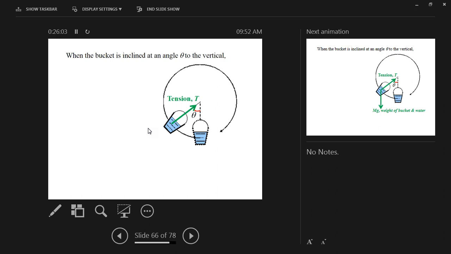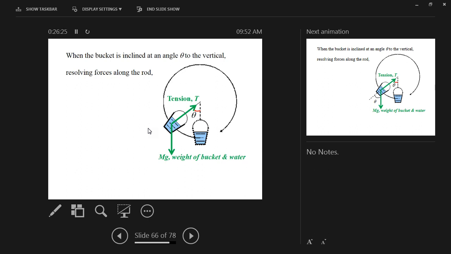Then, first step to do, draw the free body diagram. Forces acting on the bucket of water will be the tension, as well as the weight of the bucket and the water. Then we need to resolve forces. But here, we are not resolving horizontally or vertically.